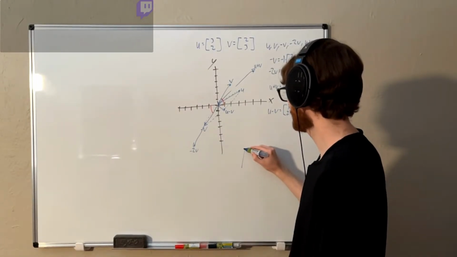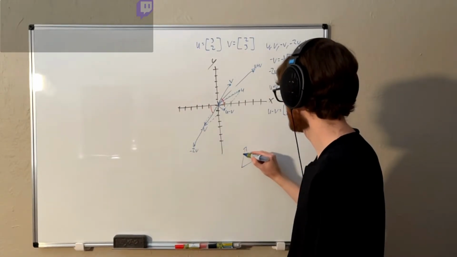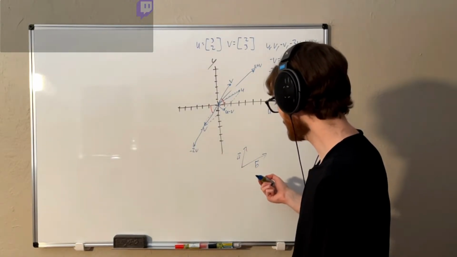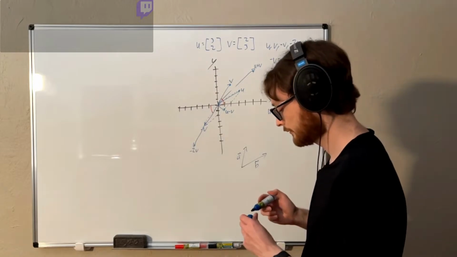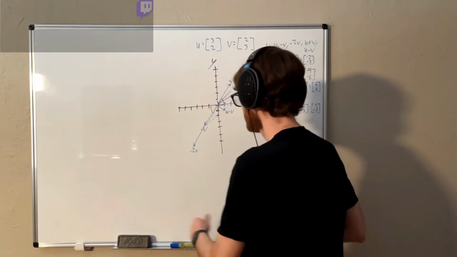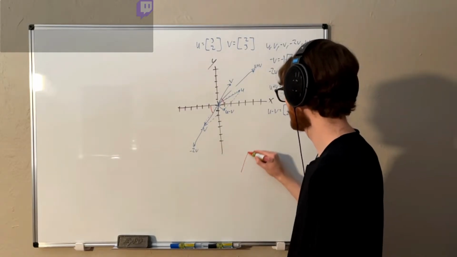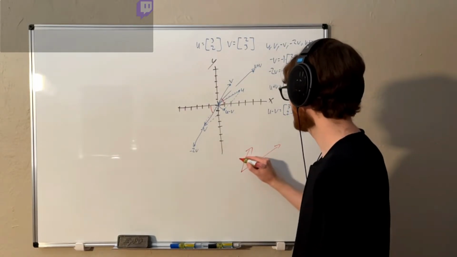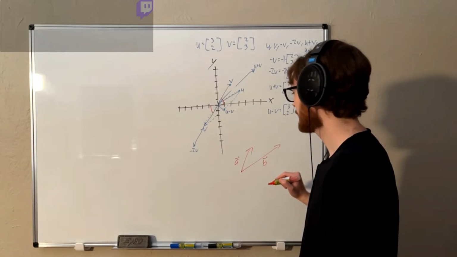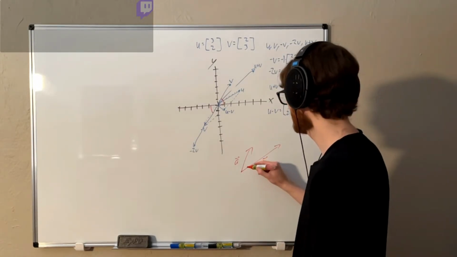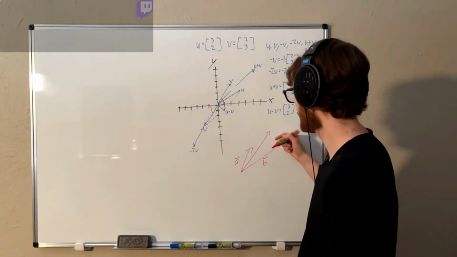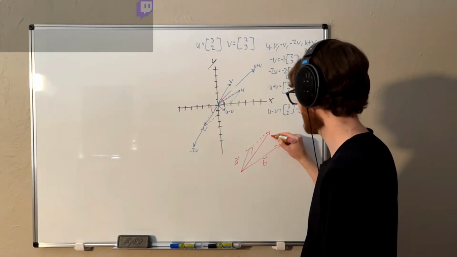If you have any two generic vectors, oh no, the blue marker is dying. Didn't I replace this recently? No, I replaced the red recently. Let me do it in red. You have any two generic vectors a and b. The sum a plus b is whatever vector makes the fourth vertex of this parallelogram with a and b.